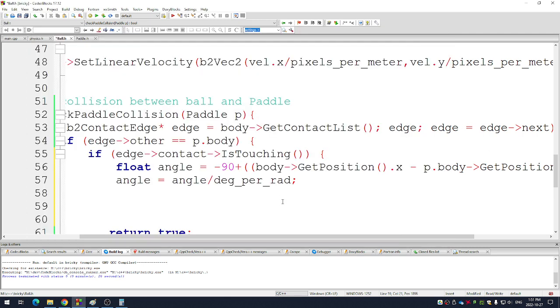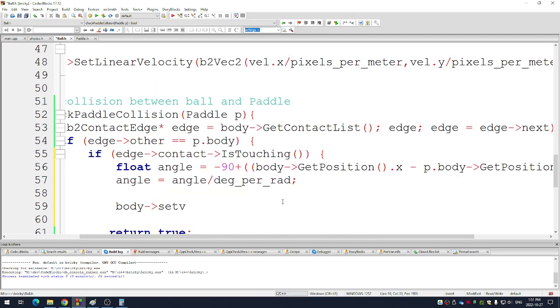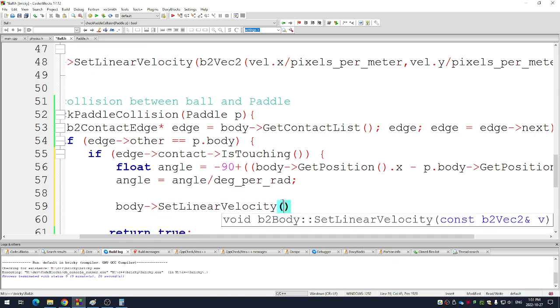Okay, so let's send our thing off. We're just going to go body, set velocity, set linear velocity. Hopefully our angles are right. And we'll just write b2Vec2 because that's what it's looking for.